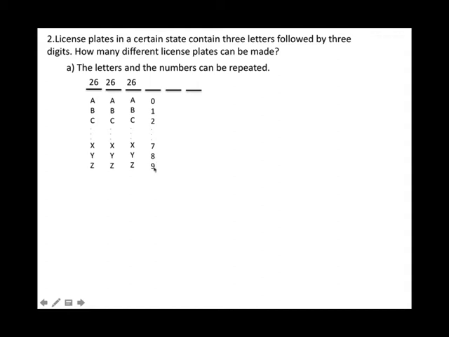So from 0 to 9, how many digits do we have? We have 10 of them. The second one will be the numbers again, we still have 10 choices, and 10 choices here as well. So according to the fundamental principle of counting, we just need to multiply all together.